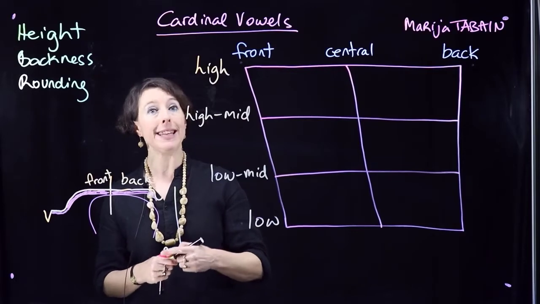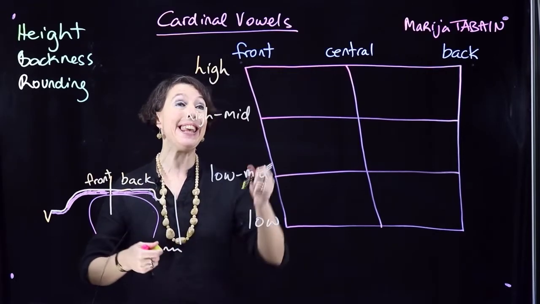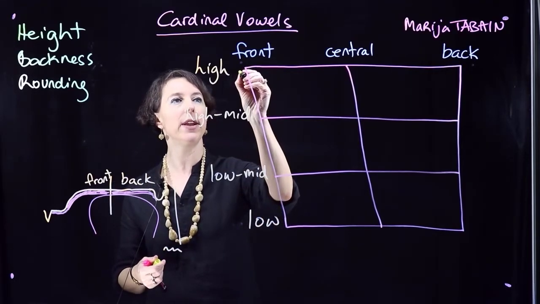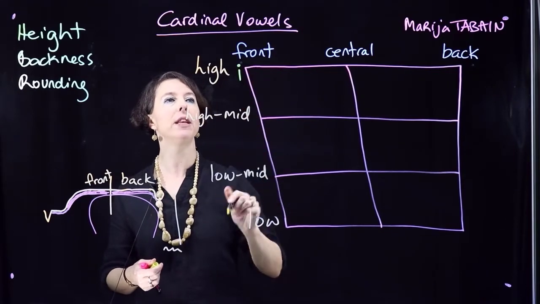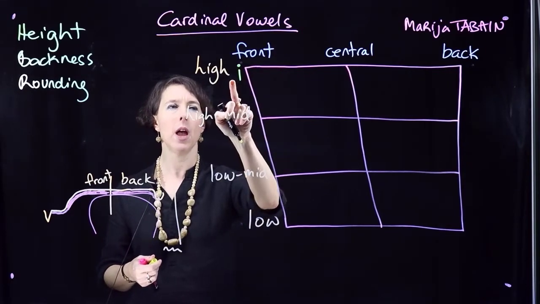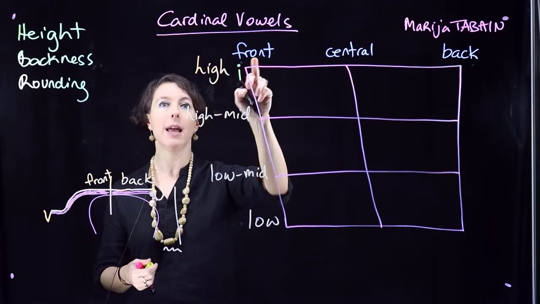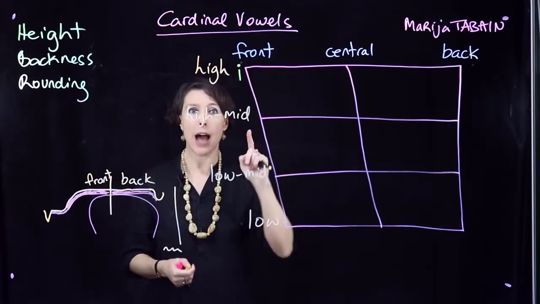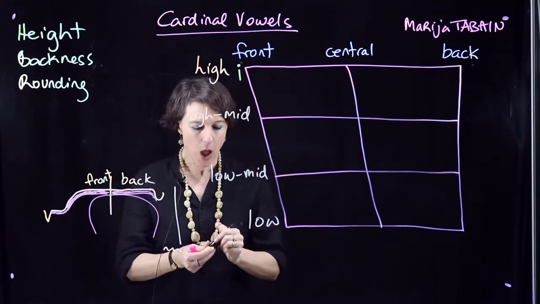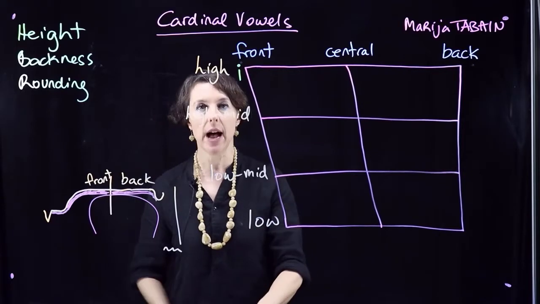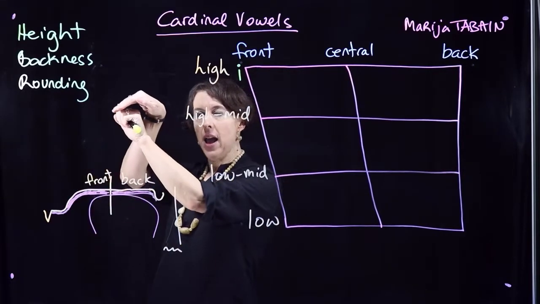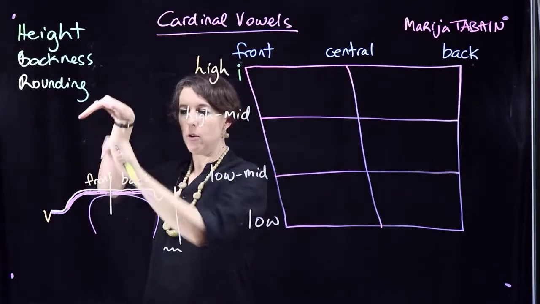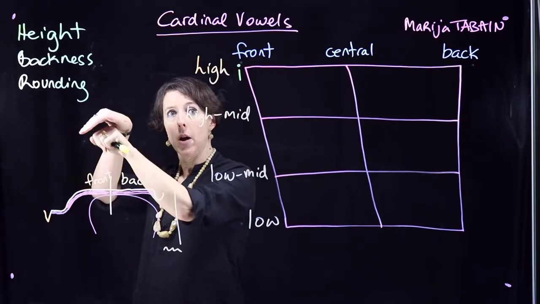So the first one is [i], and I'm having to be very careful doing this. And this is a high front vowel, [i]. Now, what do you need to do for this vowel? You need to push your tongue high and forward in that palatal region, high and forward, okay?